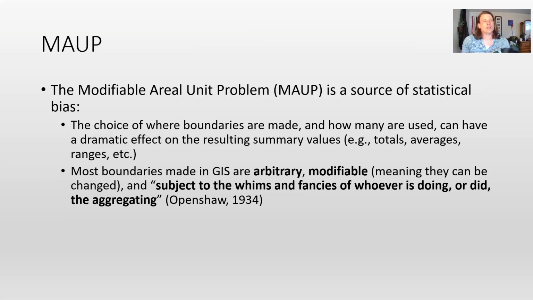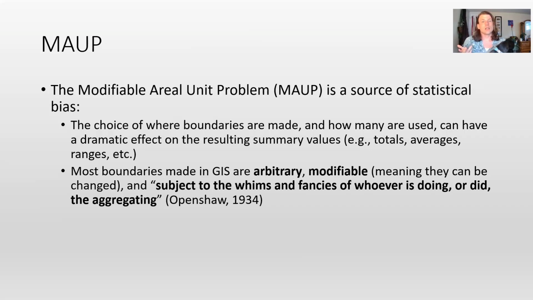And stemming from that, we have something called the modifiable areal unit problem. This is a source of statistical bias that causes big problems in GIS. Essentially, the choice of where boundaries are made and how many are used can have dramatic effects on the resulting summary values, the totals, averages, ranges.